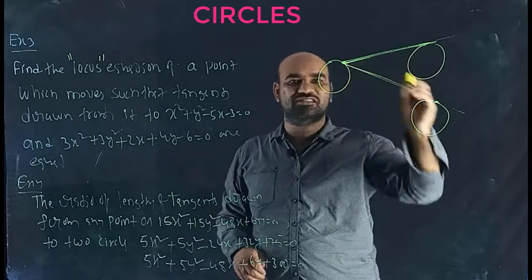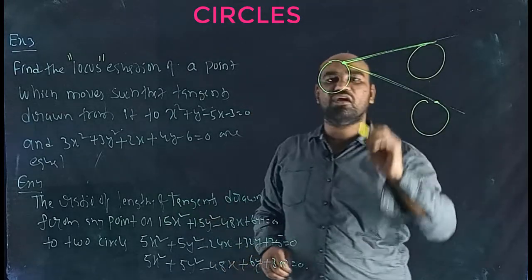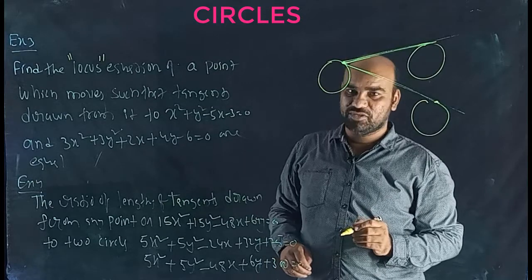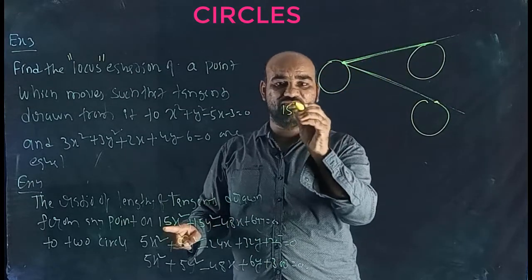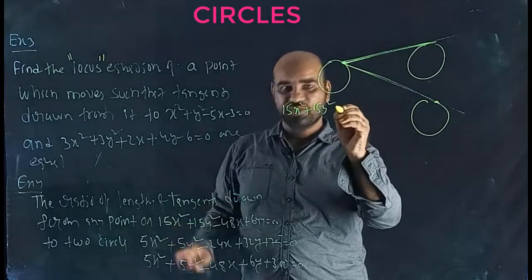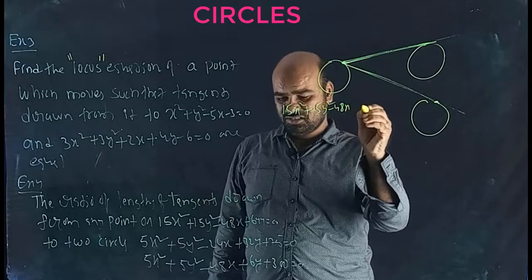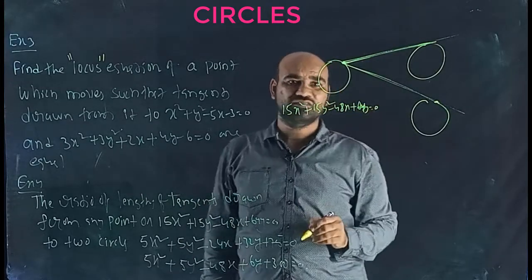From that point, tangents are drawn to the given circles. We want to find the ratio of length of the tangent segments. So here the interesting thing is the first circle is 15x square plus 15y square minus 48x plus 64y equal to 0.